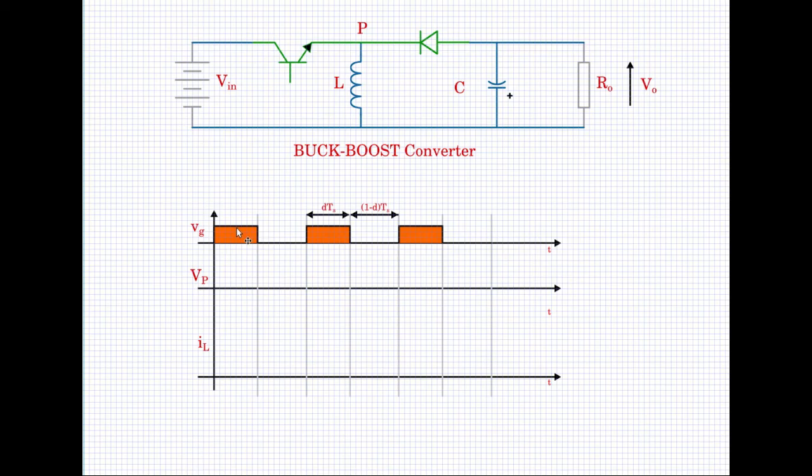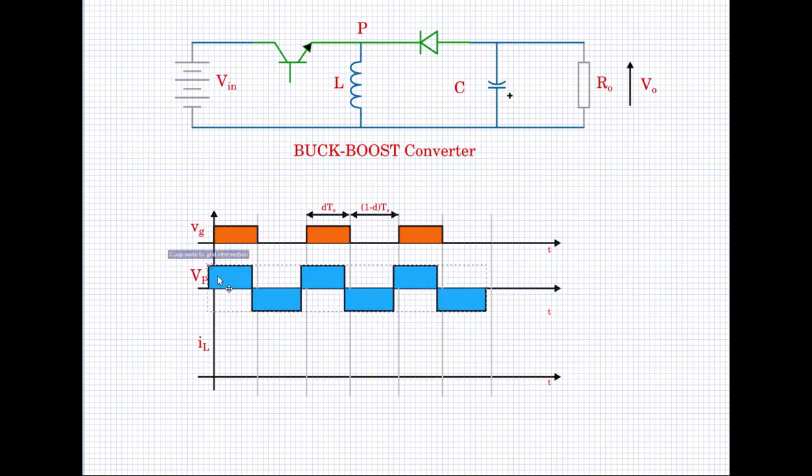So for this kind of gate drive, when you look at the VP or the pole voltage, when the BJT is on, Vin is appearing at the pole, and when the BJT is off, diode is conducting, minus V naught is appearing at the pole. So let us draw the waveform for that and position it here. So this would be the waveform that you would expect to see at VP, the pole.